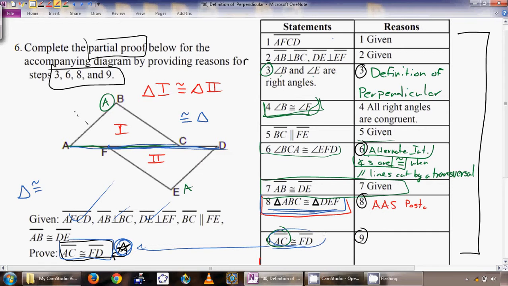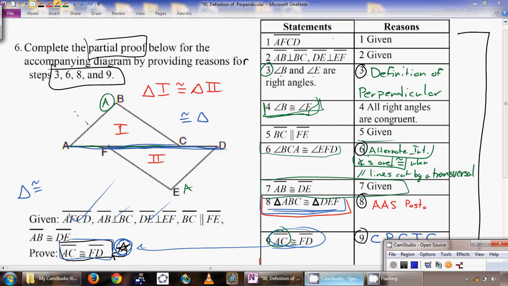And that's our reason for saying this final step is that corresponding parts of congruent triangles are congruent. Right? That's corresponding parts of congruent triangles are congruent. And that's CPCTC, and that abbreviation is sufficient.